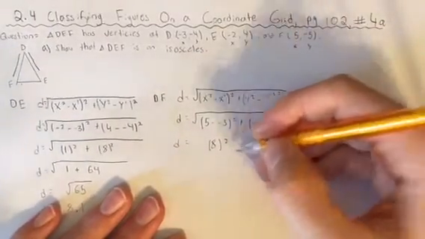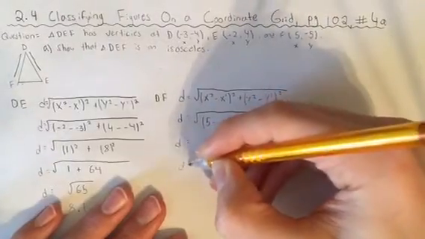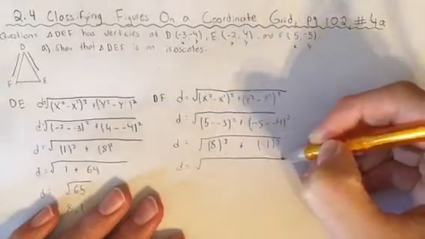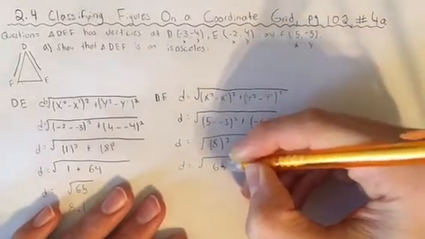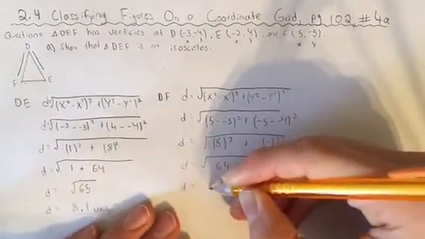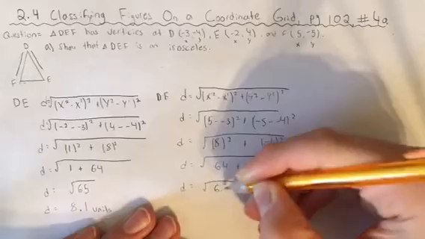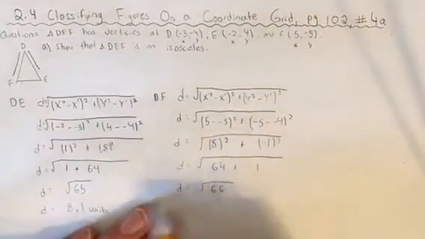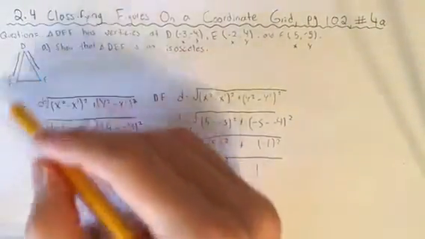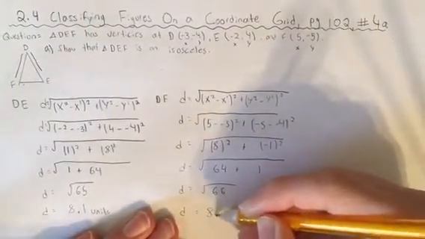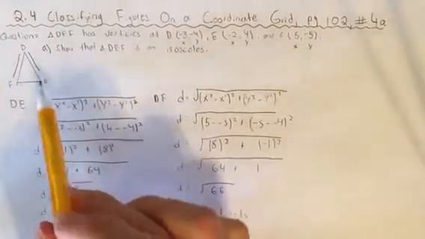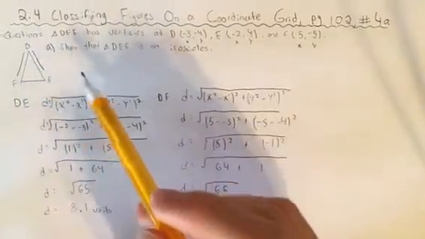And that ends up being 64 plus 1, which gives us 65. These are familiar, so we know that side DF is equal to 8.1 units. So now we know that these two sides are the same. DF and DE are the same.